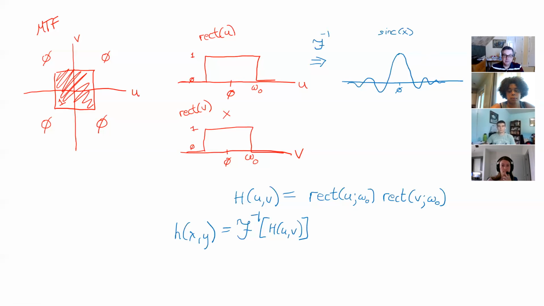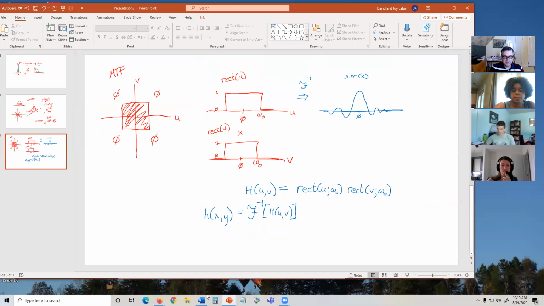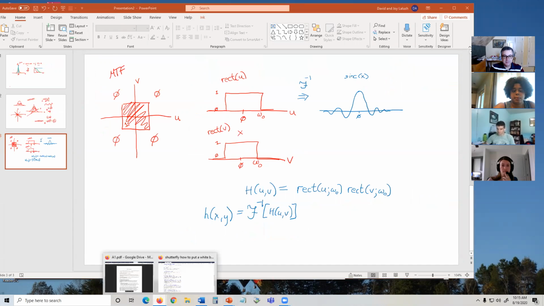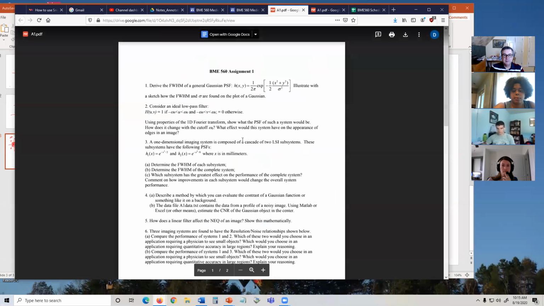All right. Does that make sense to everybody? I don't think I asked for the exact relationship. But the more important stuff is, what happens as you change that cutoff frequency omega naught, as you move it higher or lower?